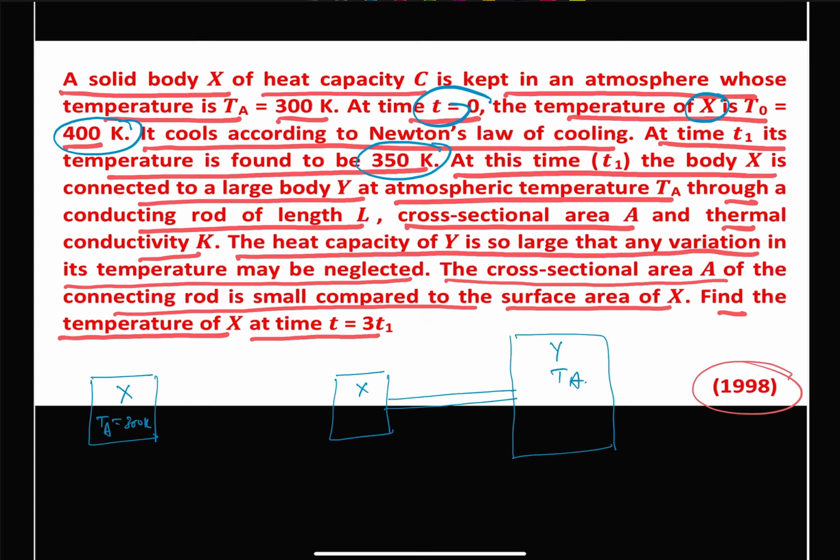So here we are going to use Newton's law of cooling.